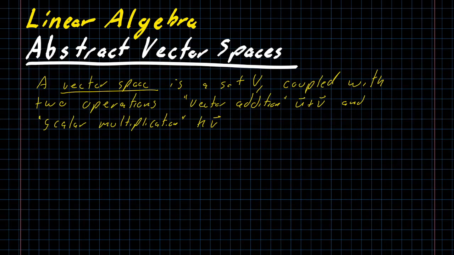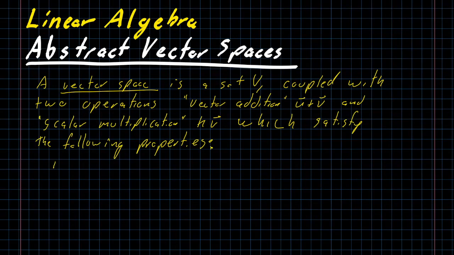Vector addition, so we have u plus v as the notation. Scalar multiplication, we have k times v as the notation. And we have 10 properties here, which we're going to be looking at.